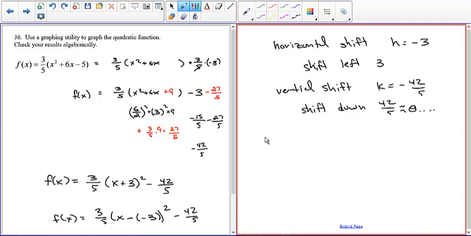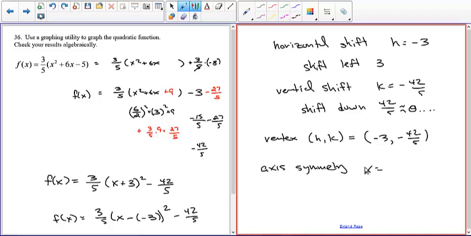The coordinates of the vertex is going to be h comma k. So that's -3 comma -42/5. The axis of symmetry is x equals -3.